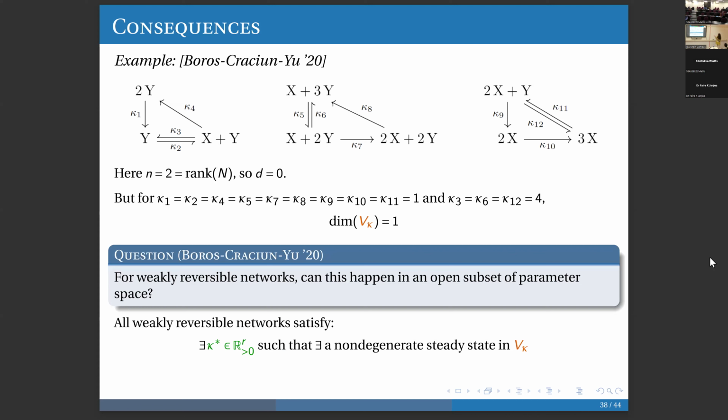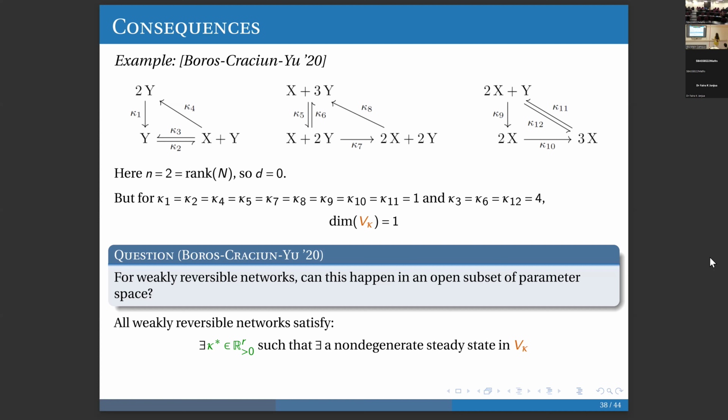Can it happen for most parameter values or for all parameter values? With the former theorem, you know that this cannot happen, because it either happens in a closed subset, or if it happens in most parameter values that actually give positive steady states, then the other values will give no positive steady states at all. And most of them will be like the same.